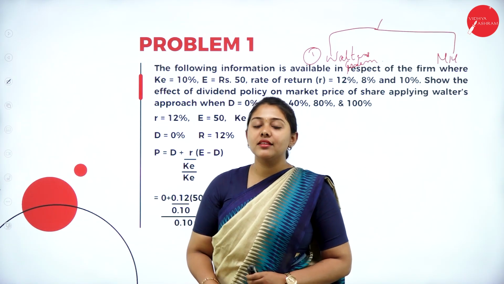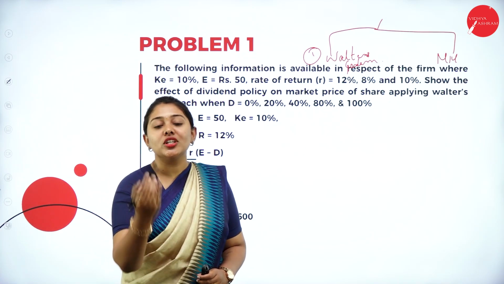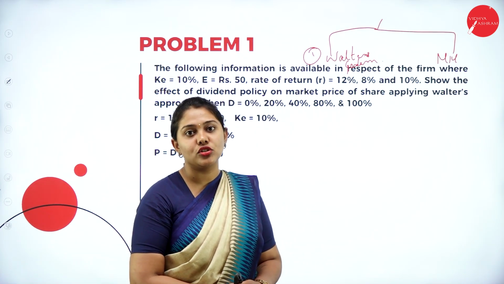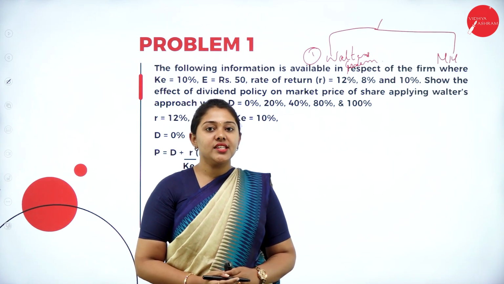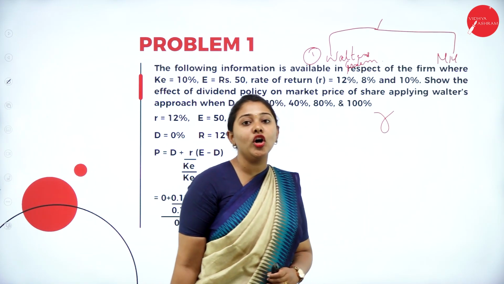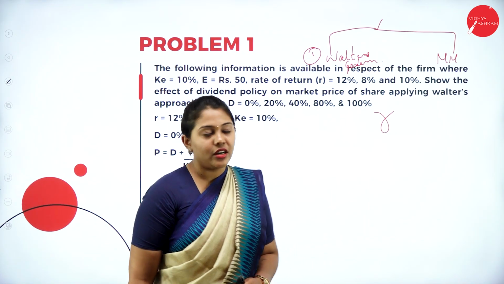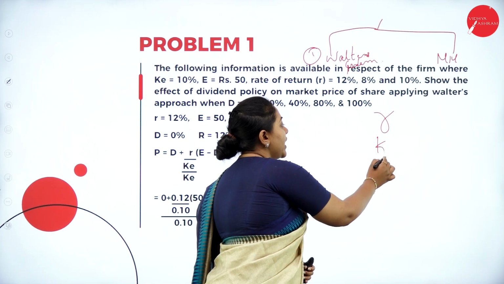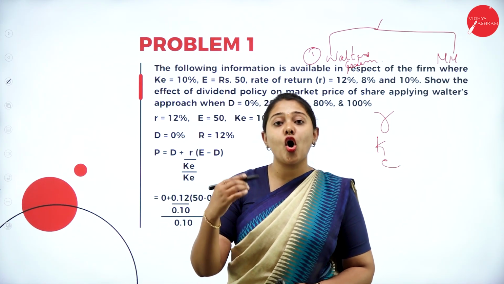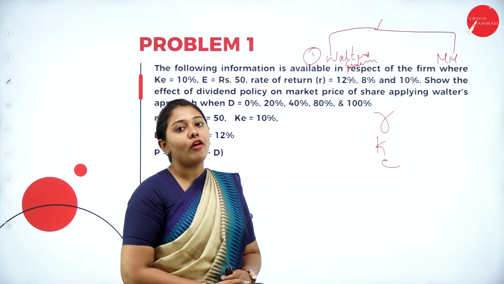He explains that the dividend decision and the value of the firm have a direct relationship, keeping two things in mind. One is the return. R stands for the internal rate of return. And what does K subscript e stand for? That is your equity capitalization rate, or the cost of capital, the cost of equity.